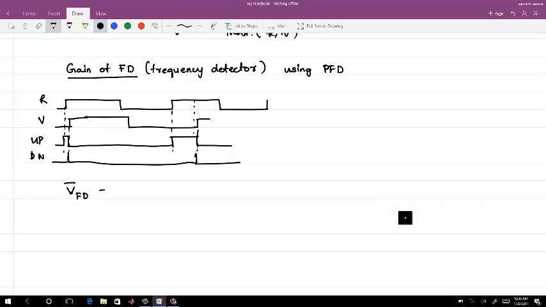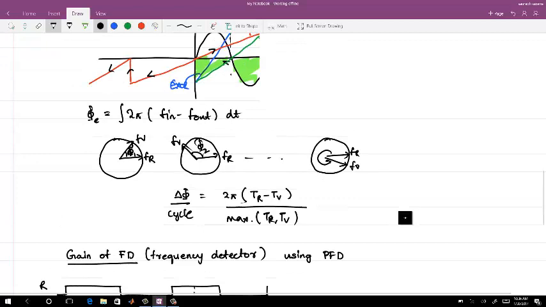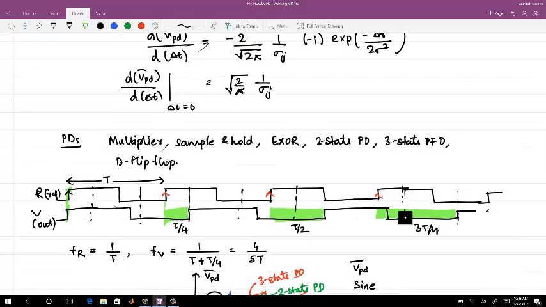Now the average of the frequency detector output. So how can I proceed on this? Averages means you can find some periodicity in the system, and you can average it over the periodic period. So what I mean to say here is, in this example, you see that the output of this particular PFD will not be periodic in one cycle, right? It is periodic in some number of cycles. So I have to calculate those number of cycles.